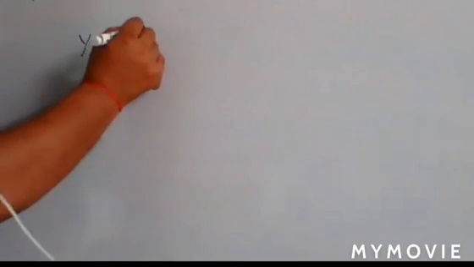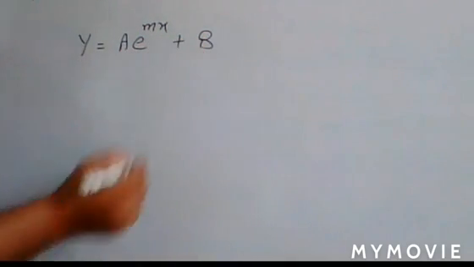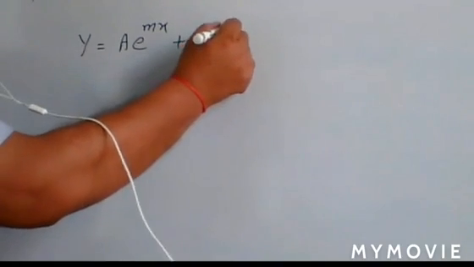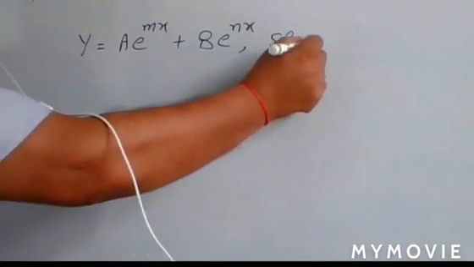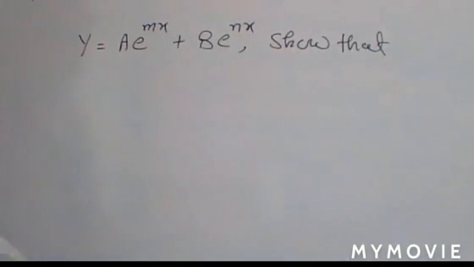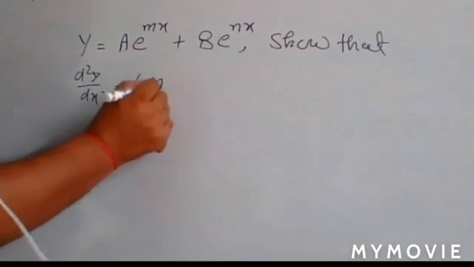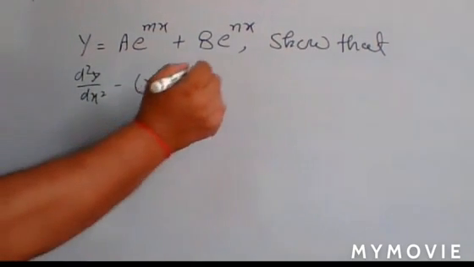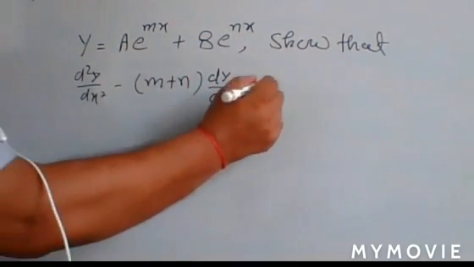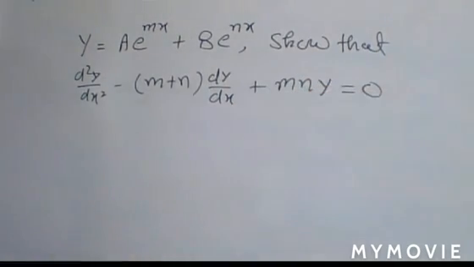Here you have, if y is equal to a e to the power mx plus b e to the power nx, then so that d2y by dx2 minus (m plus n) into dy by dx plus mn y is equal to 0. You have to prove this result.